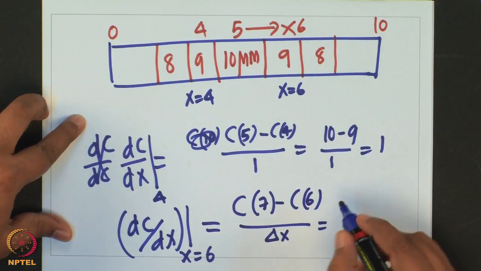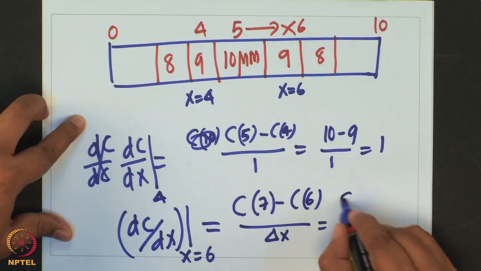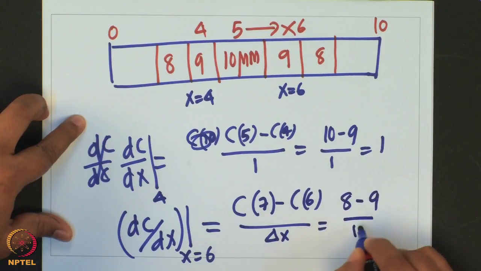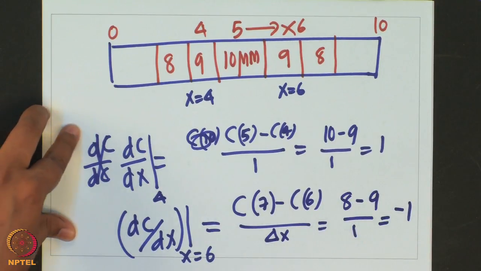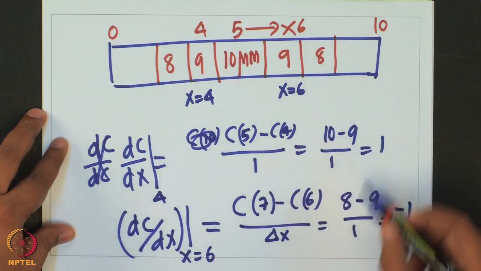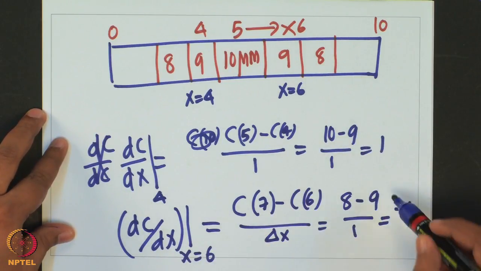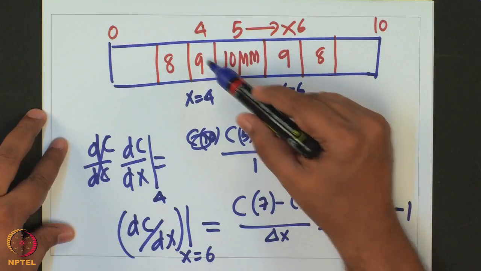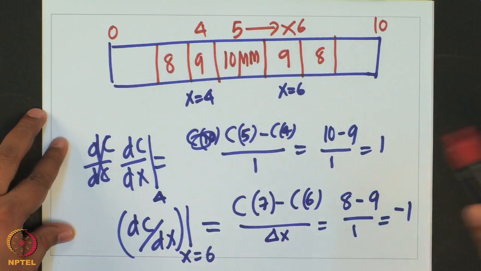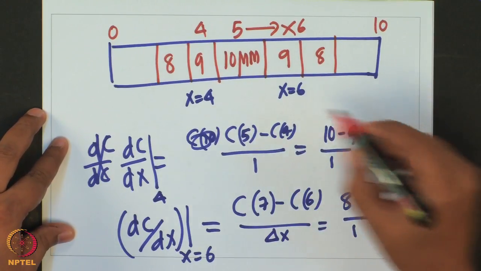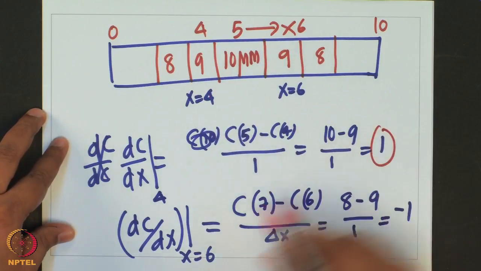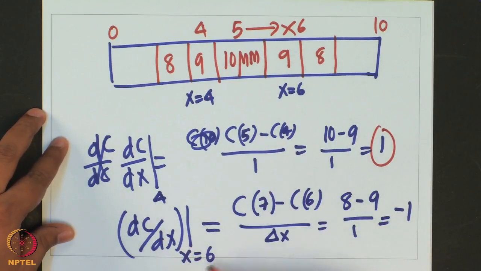And if I do this, I would get 8 minus 9 divided by 1, and the answer is minus 1. So the concentration gradient at x equal to 4 is plus 1. The dC by dx at x equal to 6 turns out to be minus 1.